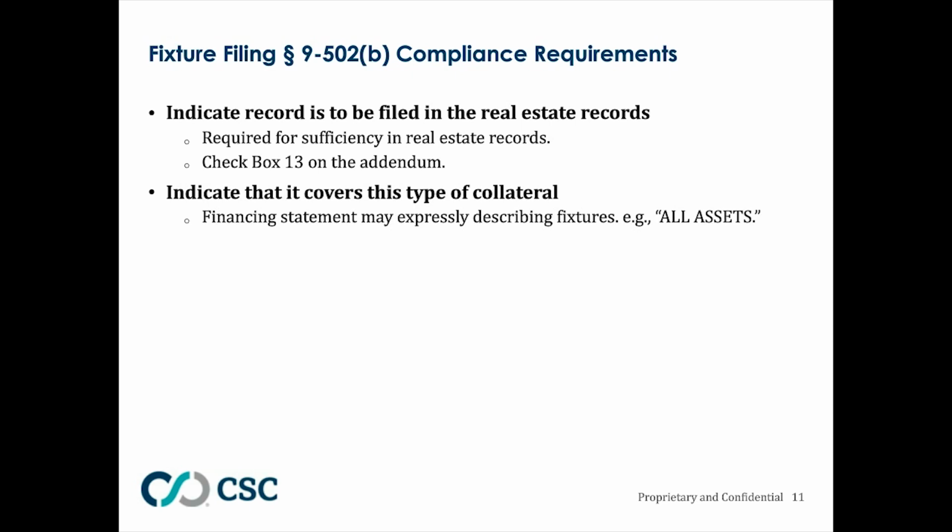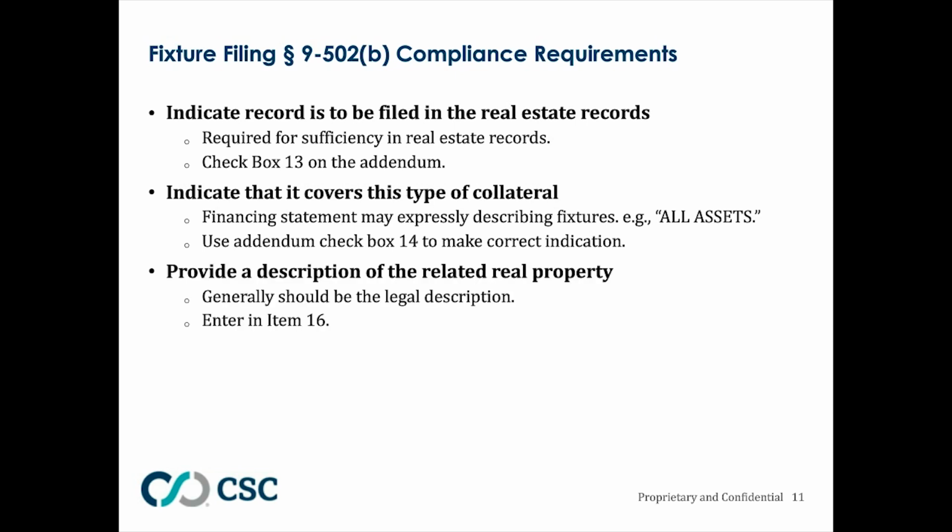It also must indicate that it covers this type of collateral. For example, if you have a collateral description that says all assets, it doesn't say fixtures or timber to be cut or minerals to be extracted. So there are check boxes for this purpose on the addendum in box 14. It also has to describe the affected real property.